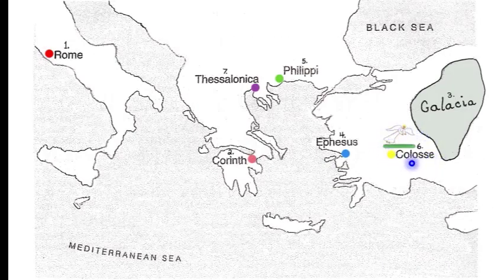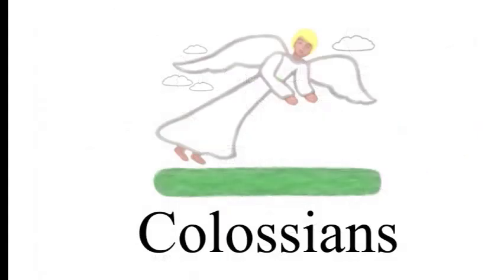Colossus is located a little below Galatia and east of Ephesus. Paul wrote the Colossians in response to the false Gnostic teachings that angelic powers rule the cosmos and that various ritual practices were required of Christians. So an angel is the icon.